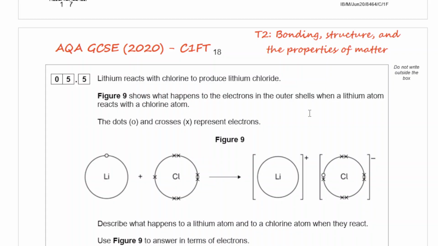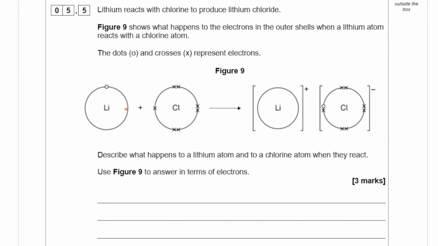Question number 5.5. Lithium reacts with chlorine to produce lithium chloride. Figure 9 shows what happens to the electrons in the outer shell when a lithium atom reacts with a chlorine atom. The dots and crosses represent the electrons. So lithium is the metal here. It's a group 1 metal.